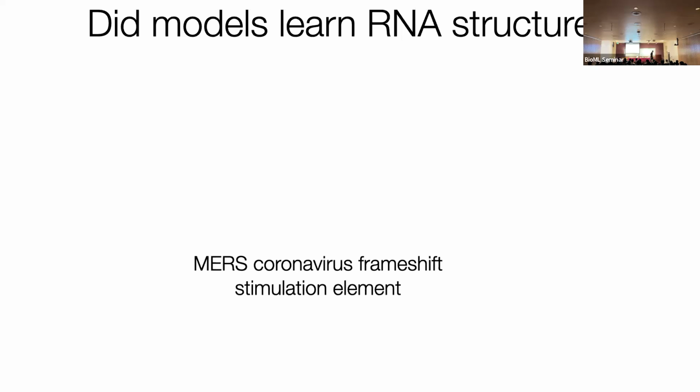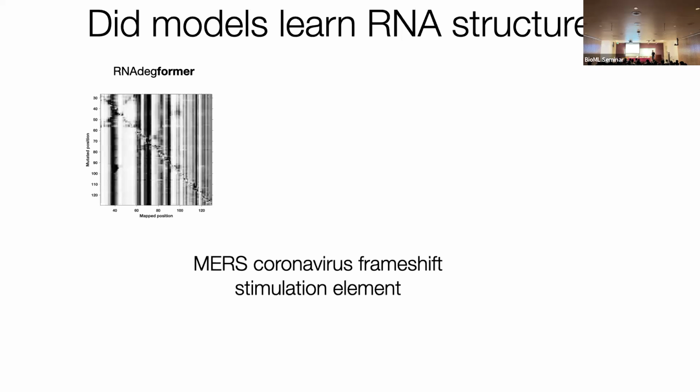So here are mutate-and-map predictions, not the experiments, from one of these non-vanilla transformer models. And you can see that it thinks there's some sort of interesting RNA structure there. If I make a mutation at position 45, I get something happening out here at position 100. So the model thinks that there's some connection between those pieces of the RNA.